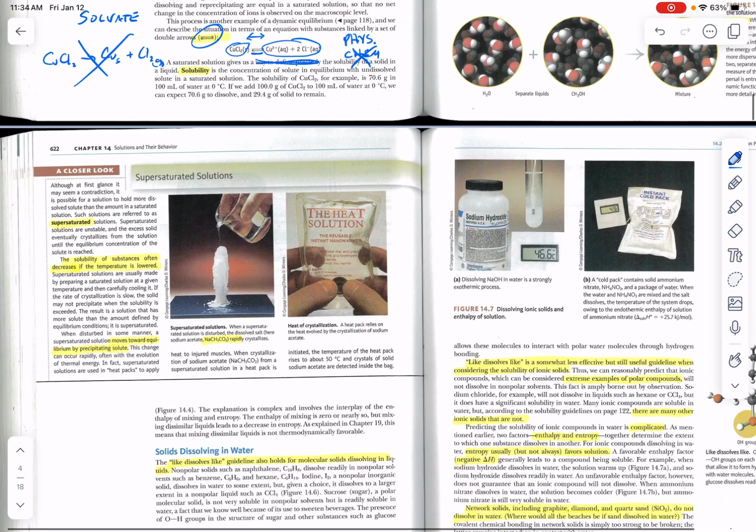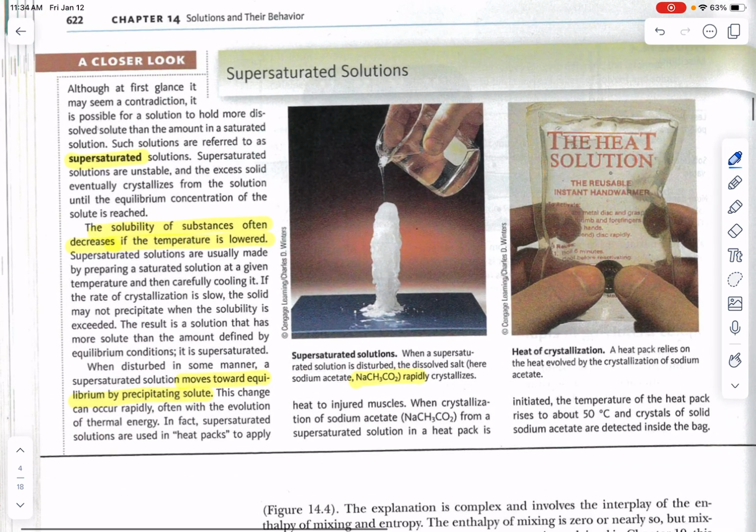And a good example of a supersaturated solution is to use sodium acetate. And this is where you heat something up, you raise the temperature high where it can dissolve a lot more. It needs to be pure water, pure sodium acetate, no impurities, and then you let it cool down, and the stuff that's dissolved stays dissolved.